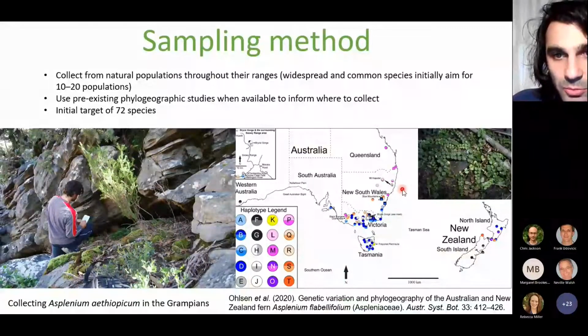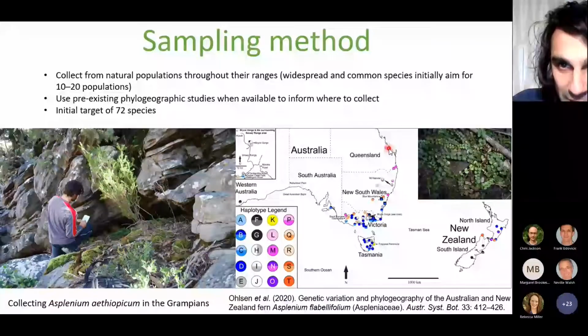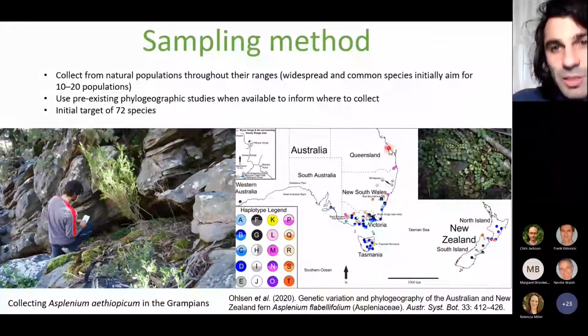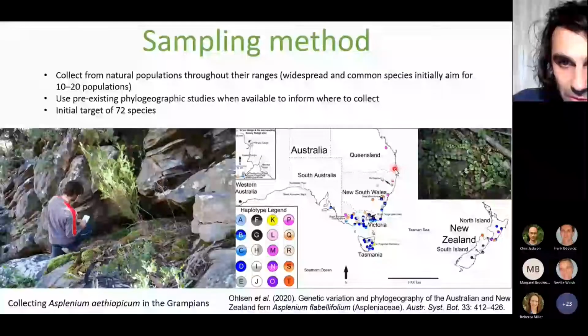In this bottom right-hand corner map, I've got a map of how the sequences, or DNA sequences, chloroplast sequences, that are found in this species occur across Australia. Different colours on this map represent different DNA sequences.